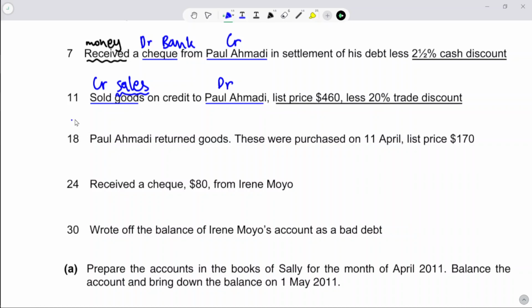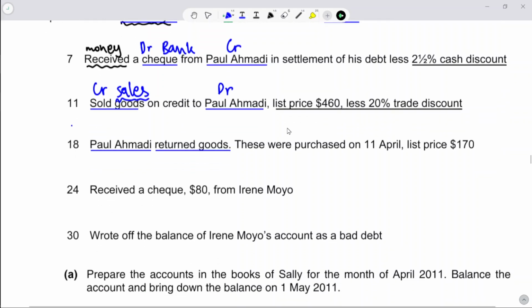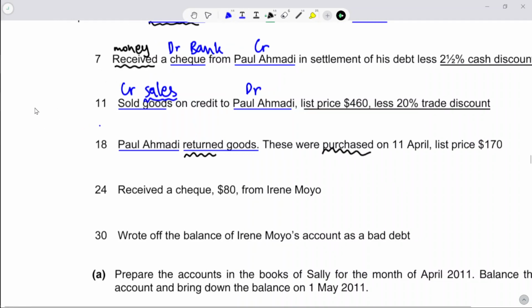Now let's go to next line. Also two lines. Let's see here. So you say return, right? And also the purchase. For purchase we debit.